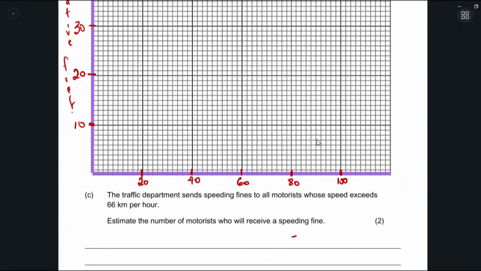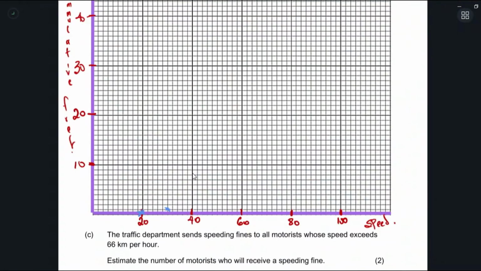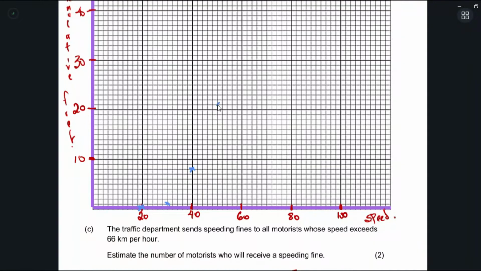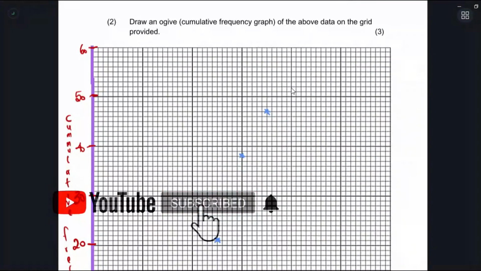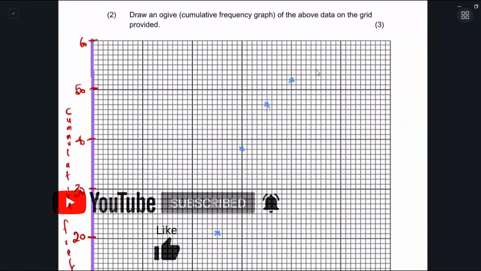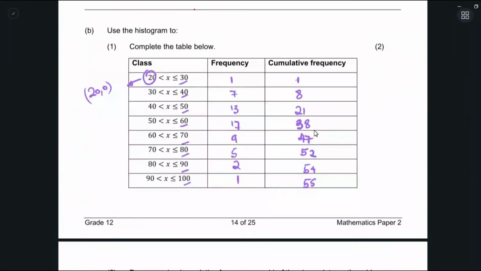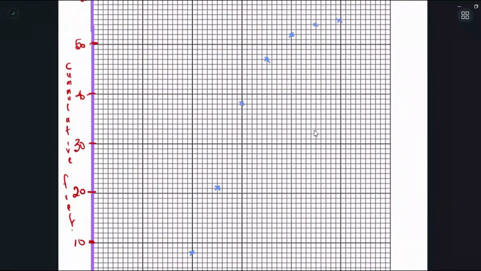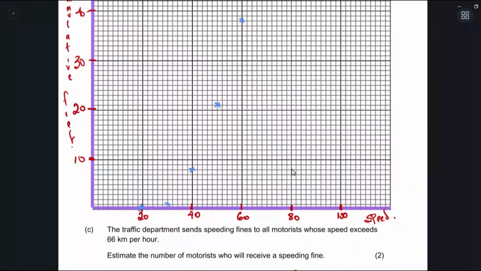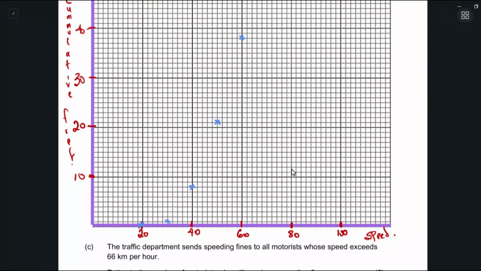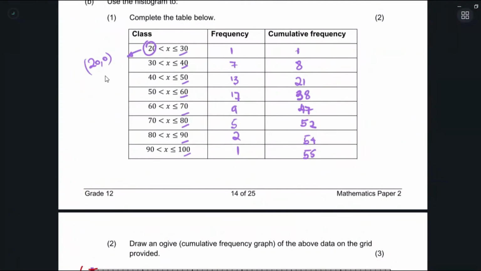And on this side here, these are our speeds. All the points have been plotted on our graph. It all comes from this table. As I said, each of your upper limits with your cumulative frequency. All we need to do is connect the points, right? And don't forget to always start from the first lower limit, at the x-intercept. So it will be 20 and 0.